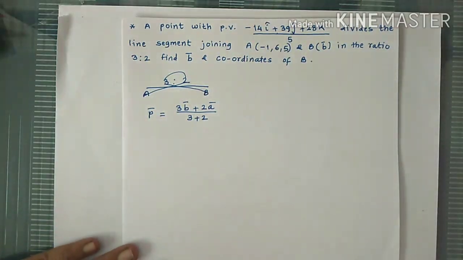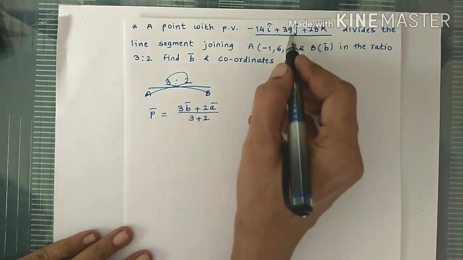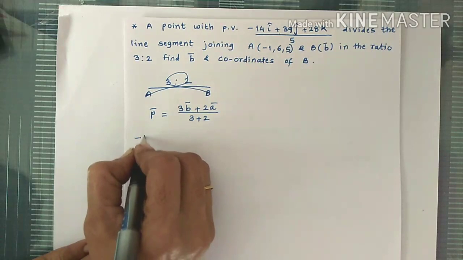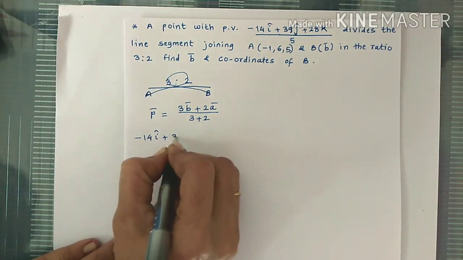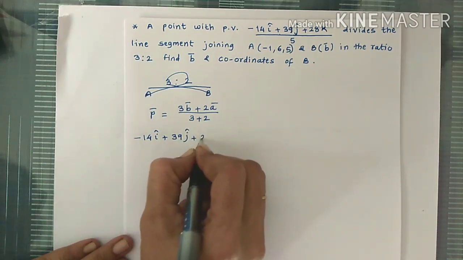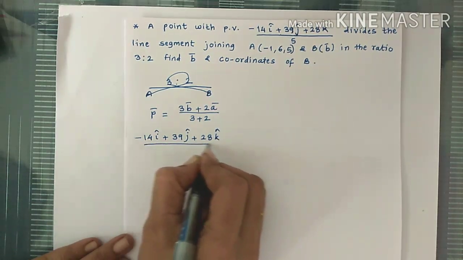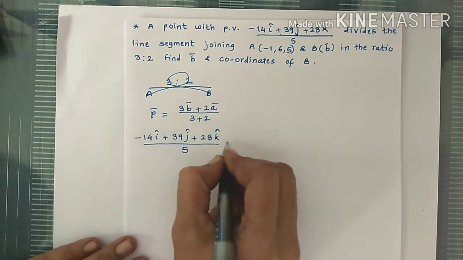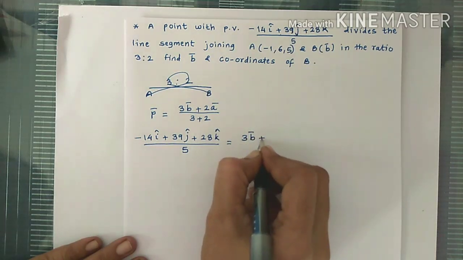Now let's substitute the given values. The position vector of P is given, that is minus 14i plus 39j plus 28k divided by 5, equal to 3b bar plus 2a bar.